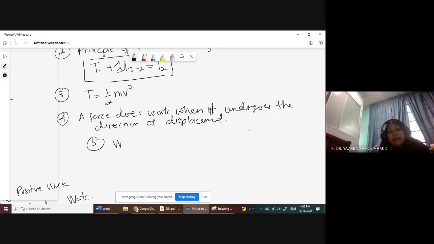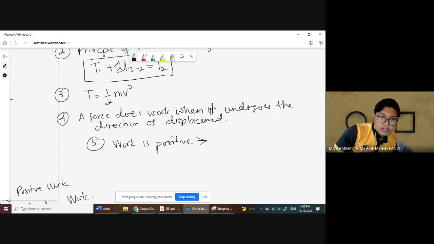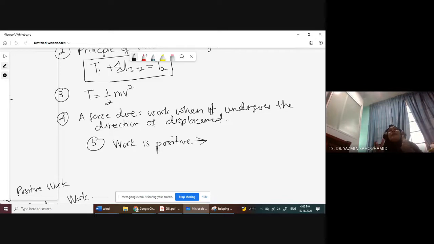And what did we understand just now? When is work positive? When it is in the direction of the displacement, in the same sense of direction of its displacement.